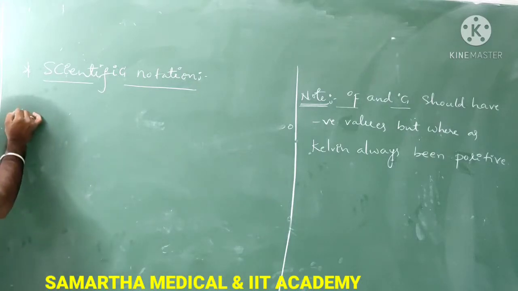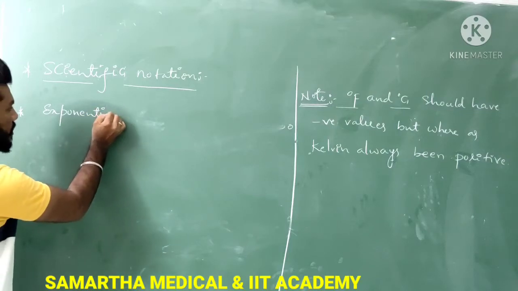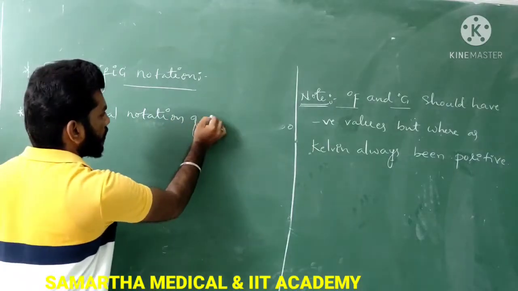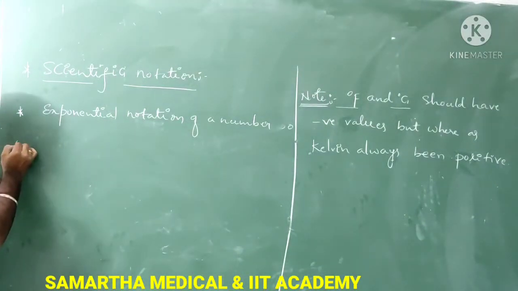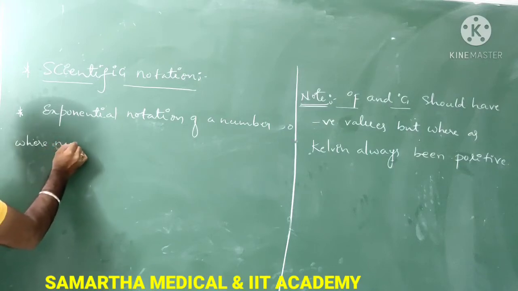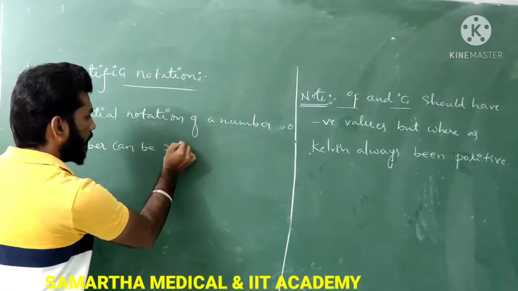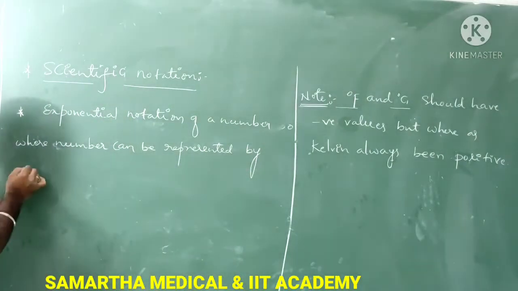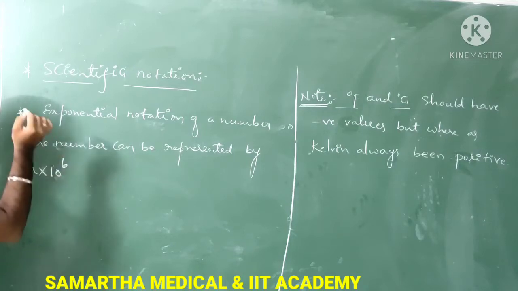Scientific notation is nothing but the exponential notation of a number, where a number can be represented in this particular form: a times 10 raised to b. So a times 10 raised to the power b, where a can be any real number and b can be an integer.